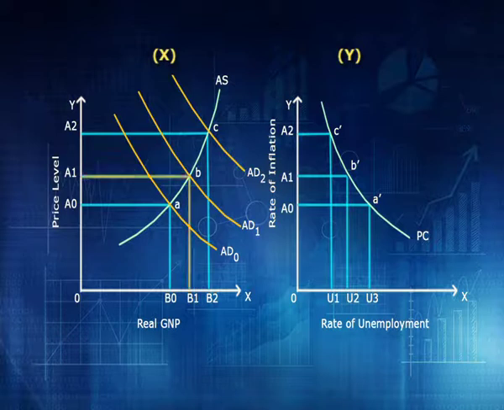When the price level rises from A1 to A2 in figure X, following the increase in AD to AD2, we have a further lower rate of unemployment equal to U1 in figure Y, corresponding to C dash on the Phillips curve PC. This gives us a downward sloping curve.